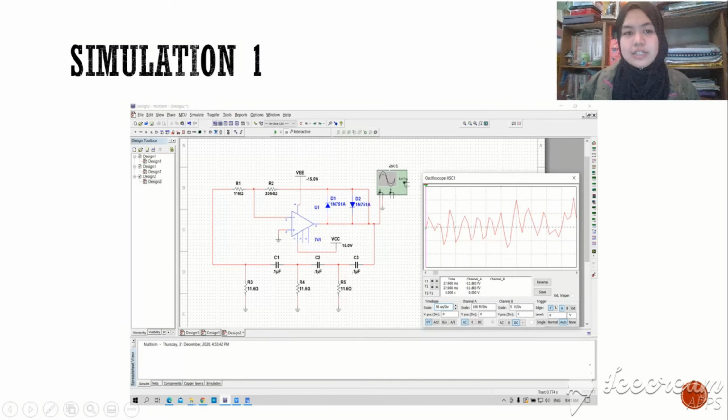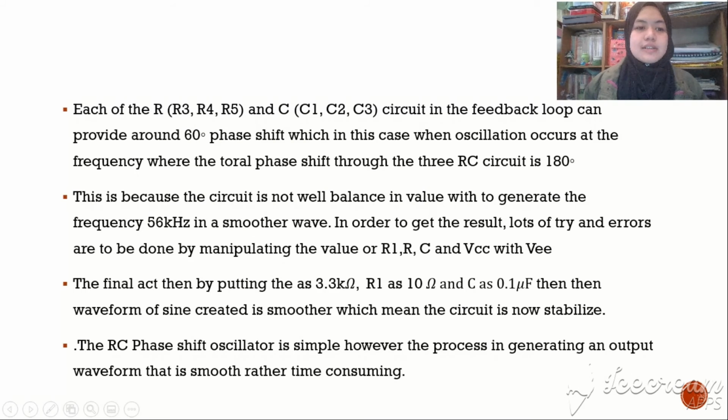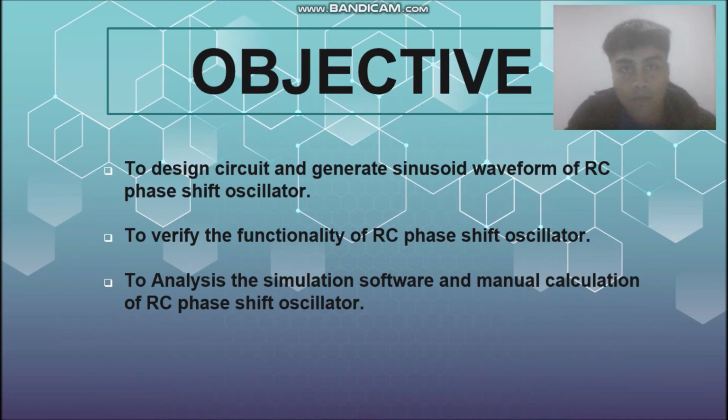As you can see in the simulation, to get the smoother waveform we have to try and error, changing the values of R, C, and VCC. We also have to calibrate the time base with the channel in order to find the amplitude of the waveform. Okay, that is it. Thank you.